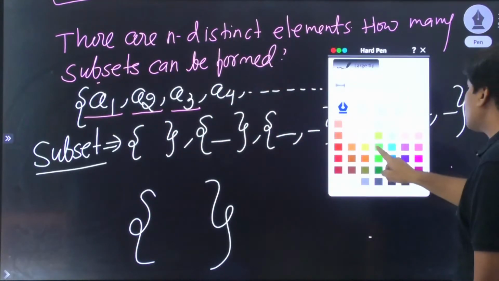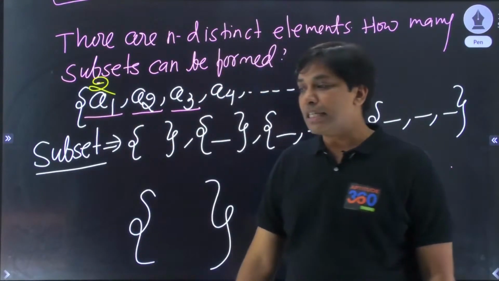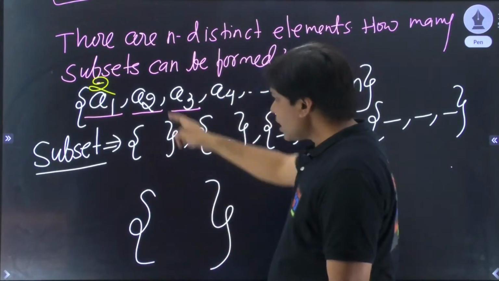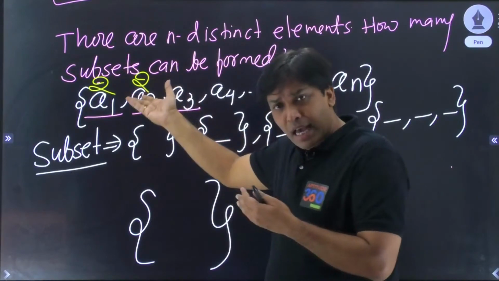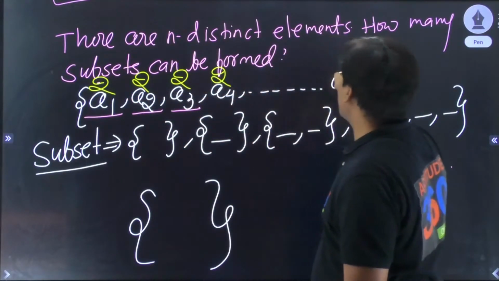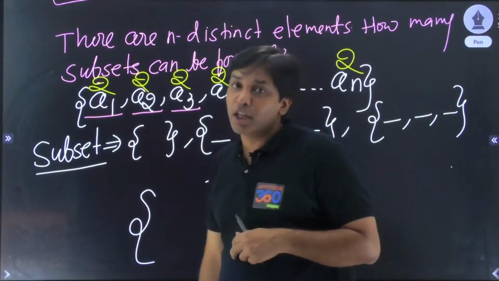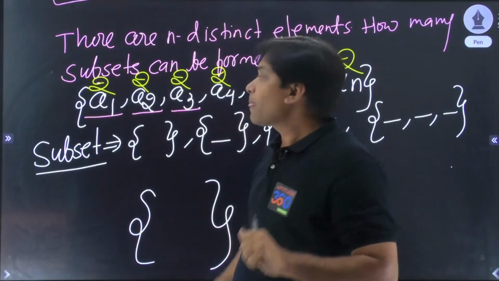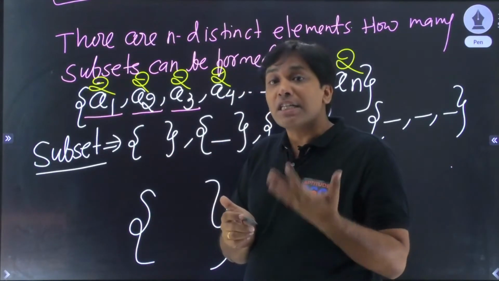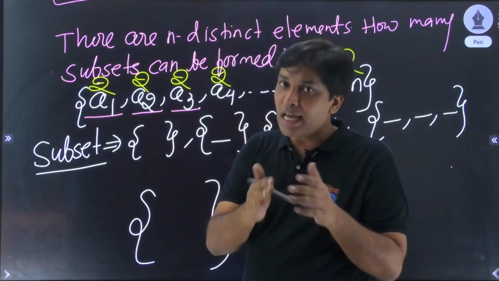A1 has got a total of only 2 possibilities to respond to my request, either in the form of yes or in the form of no. Similarly, A2 can also answer in 2 ways and so forth and so on. So all the elements can respond to my request in only 2 ways, either yes or no. Do you understand what is the rule that we applied? Rule of addition, either yes or no. In 2 ways it can respond.